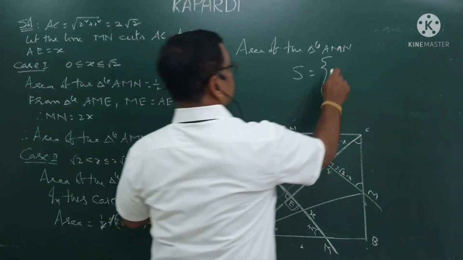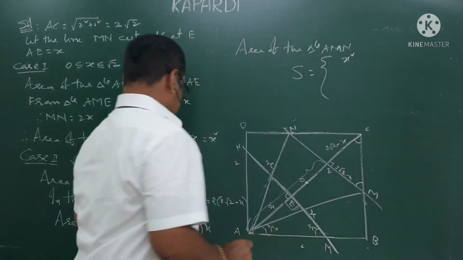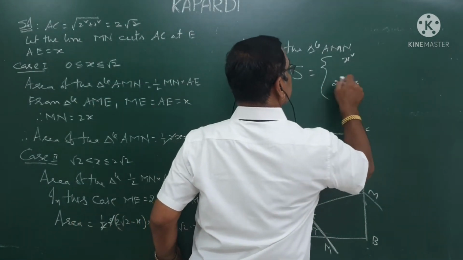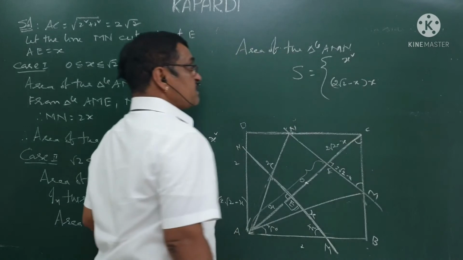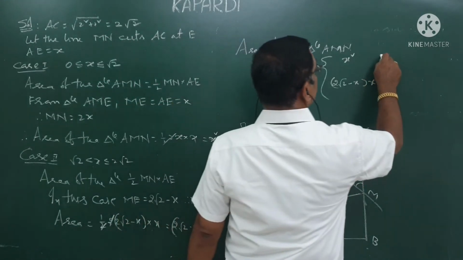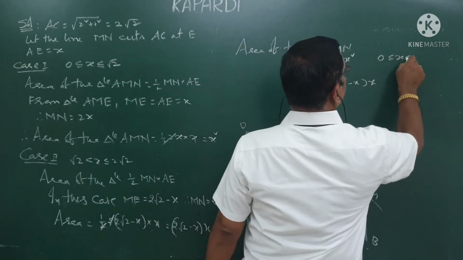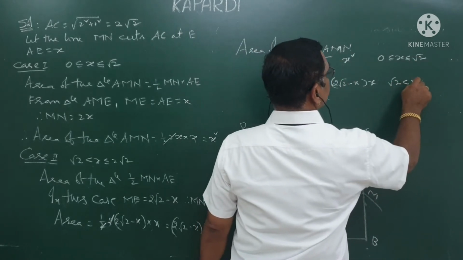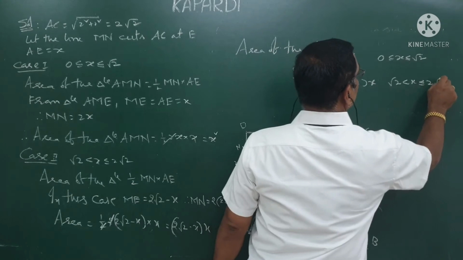One is x square, other is 2 root 2 minus x times of x. So case 1, 0 less than or equal to x less than or equal to root 2, whereas this is root 2 less than x less than or equal to 2 root 2.